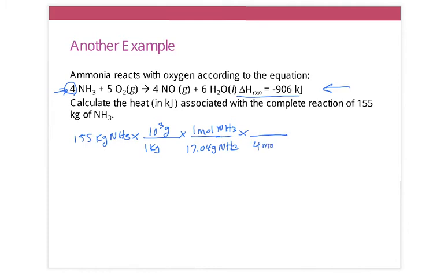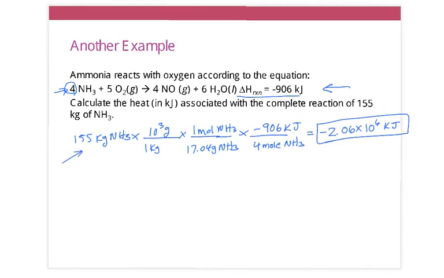So 4 moles of ammonia give us negative 906 kilojoules of energy. And so we end up getting negative 2.06 times 10 to the 6 kilojoules of energy if we had 155 kilograms of ammonia.